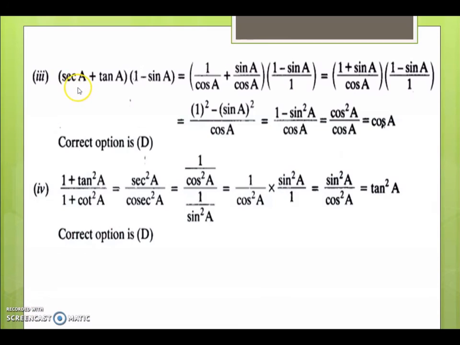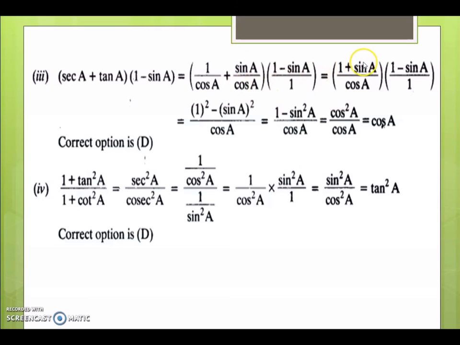So third part is sec A plus tan A into 1 minus sin A. So sec A I have written as 1 by cos A plus tan A as sin A by cos A. Then the next bracket I have left as it is, 1 minus sin A. Now this first bracket, if you evaluate, you can take cos A as the LCM.